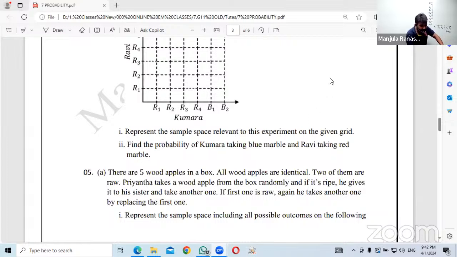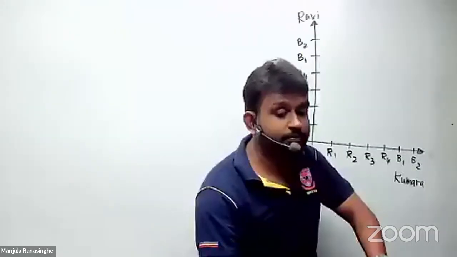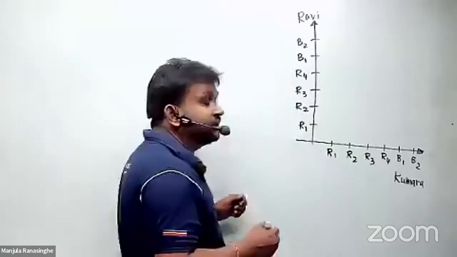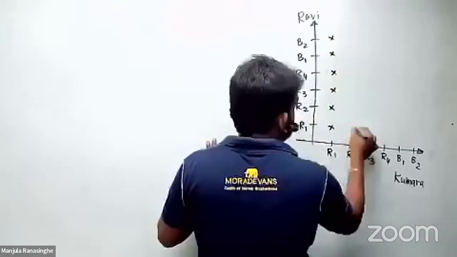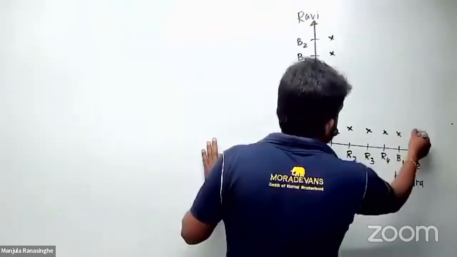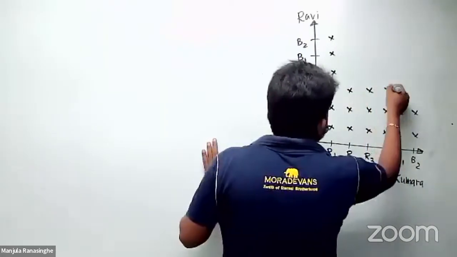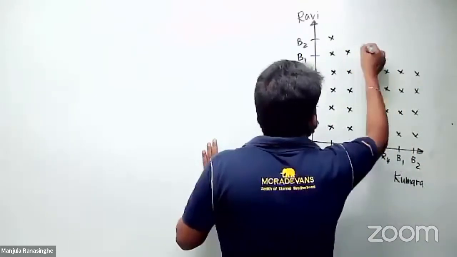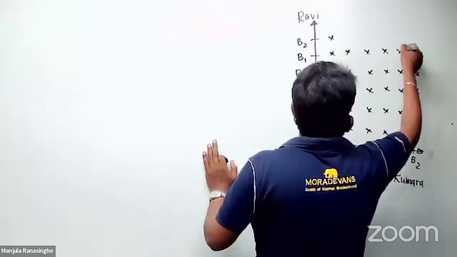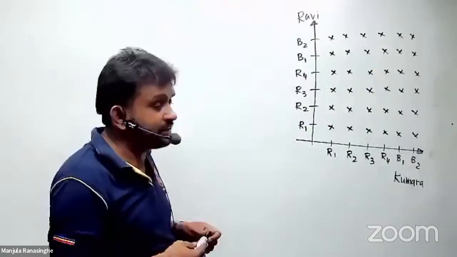So this diagram represents the sample space. Both are available, so all the points are filled. Okay, that is the sample space.